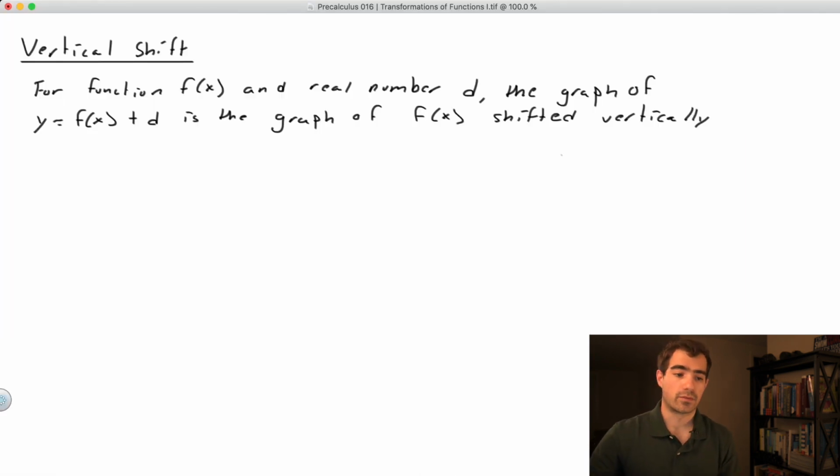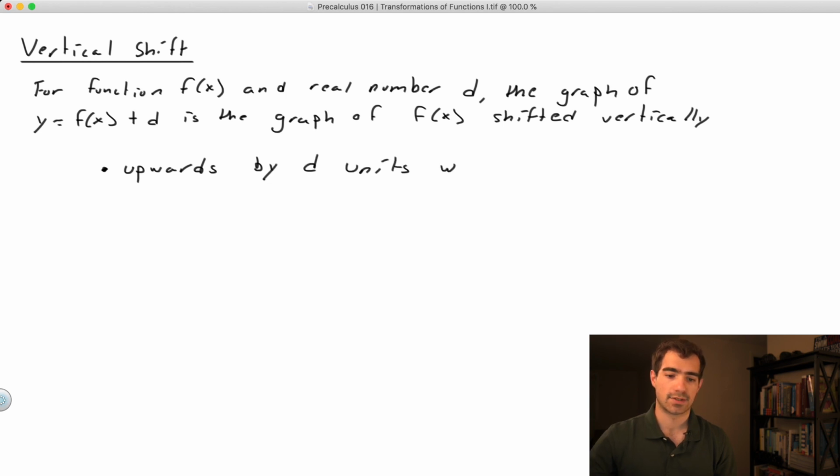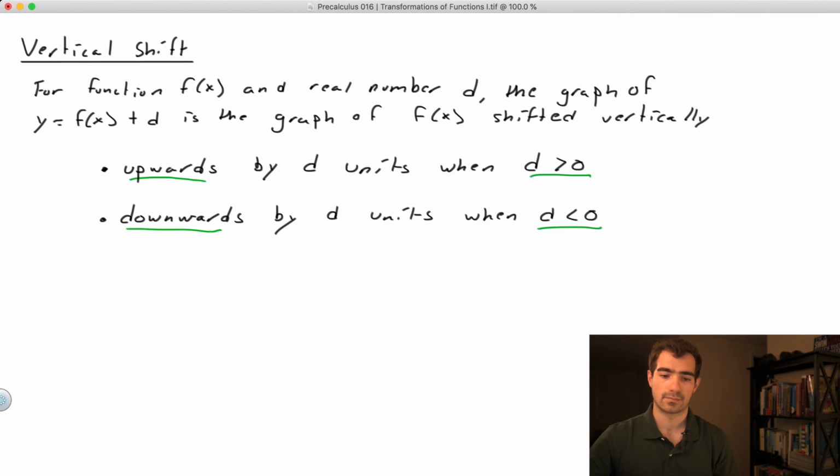And so the graph of y equals f of x plus d is the graph of f of x, but shifted vertically upwards by d units when d is greater than 0, and downwards by d units when d is less than 0. In other words, if we add some value to our function, it's going to shift everything up.